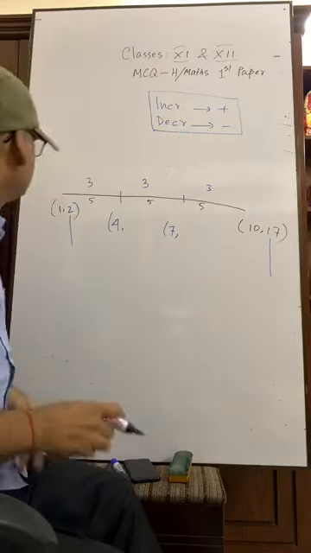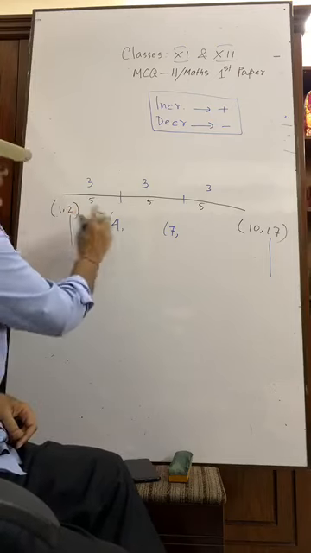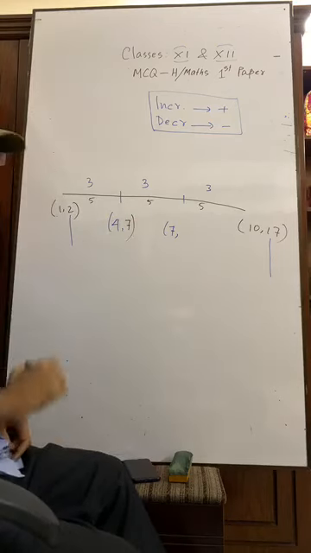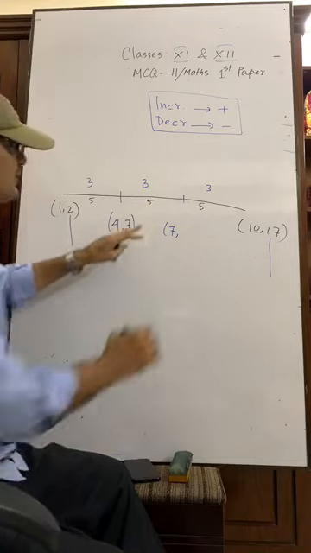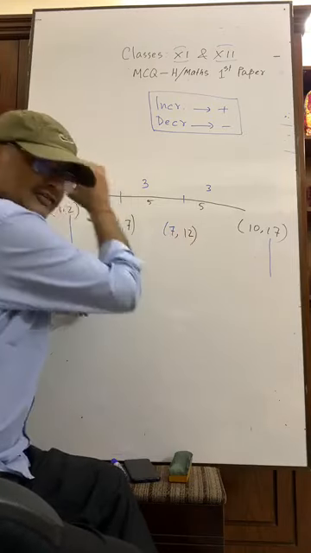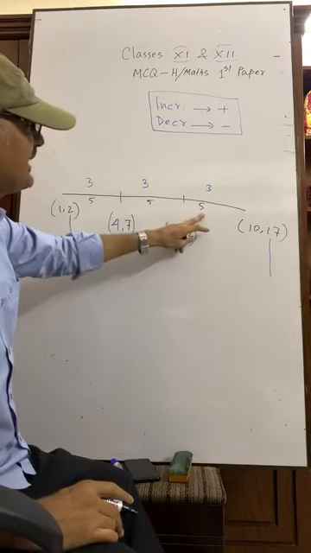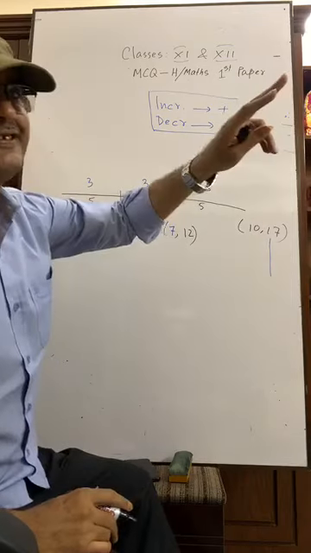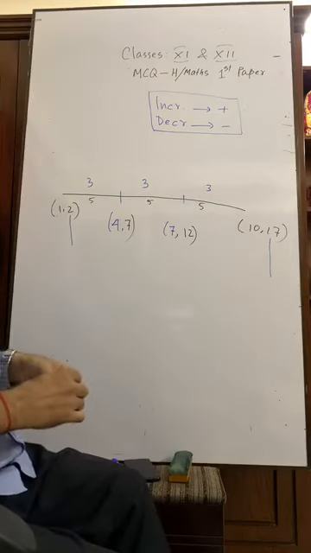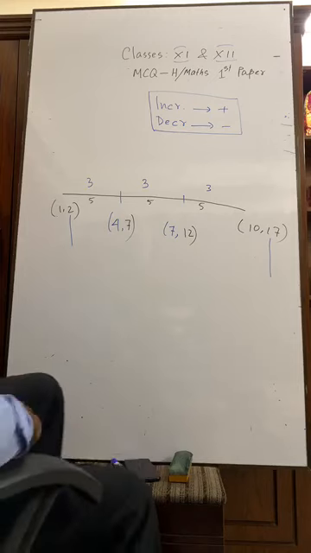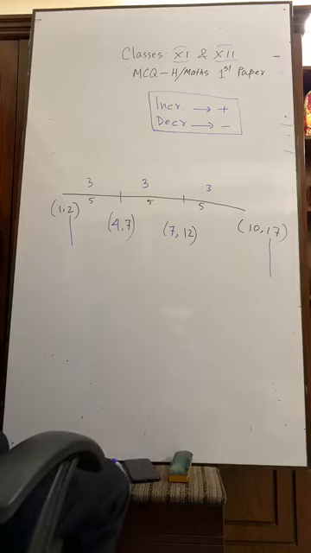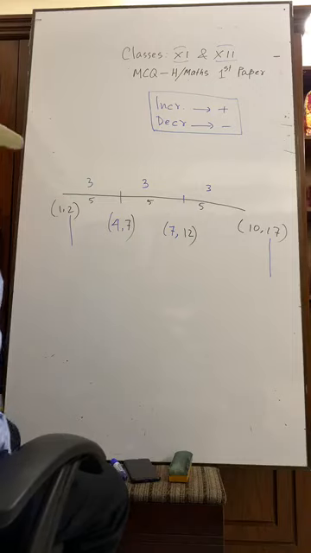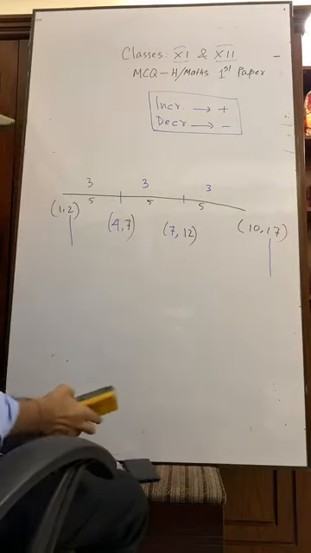Addition. That is 2 plus 5 equals to 7. 7 plus 5 equals to 12. 12 plus 5 equals to 17. I think you have enjoyed it, right? Okay, another example.